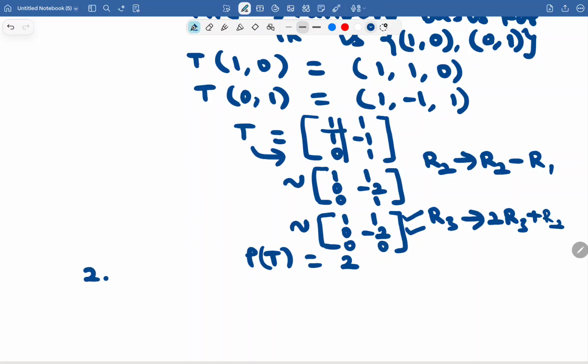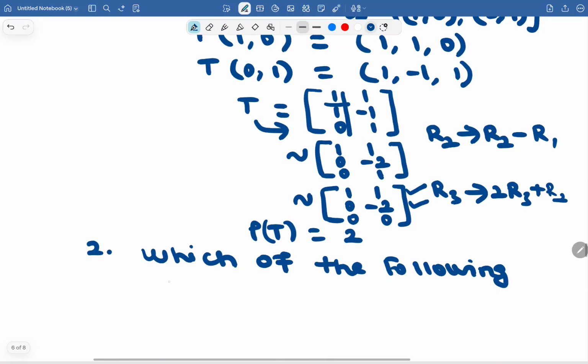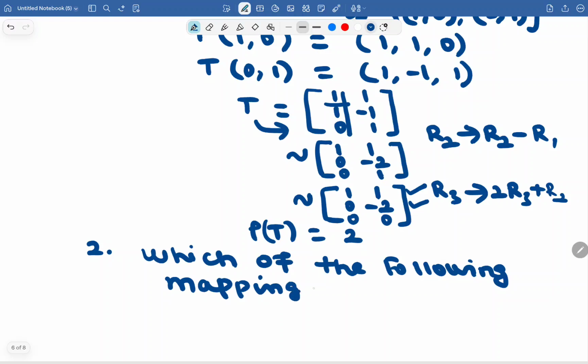Second problem. Which of the following mappings is a linear transformation?